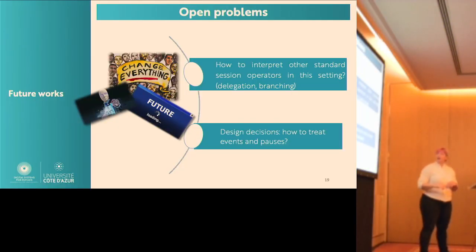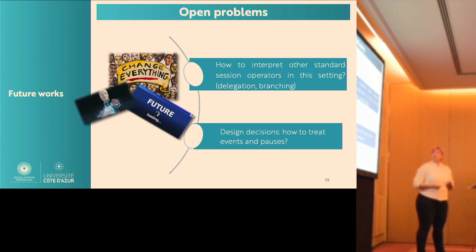And about open problems, I didn't mention anything about delegation and branching. We didn't go much into the delegation part, but we started thinking about the branching, and it seems that we can encode the branching with the watch construct. So it seems that we won't need the branching in our scenario.